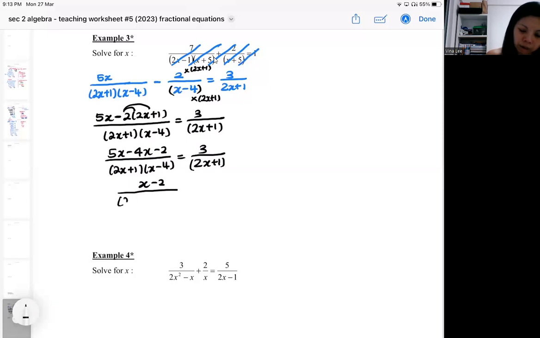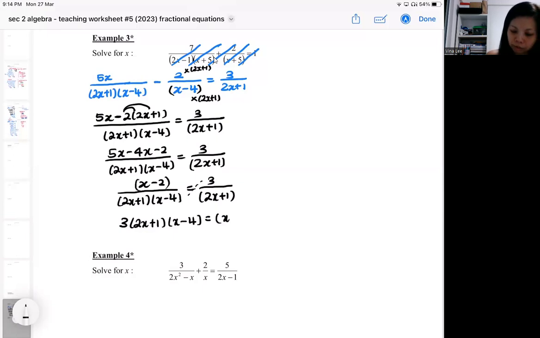I will show you why I wouldn't expand out. So I'm going to go for my cross multiplication, and I'm still not going to expand out.